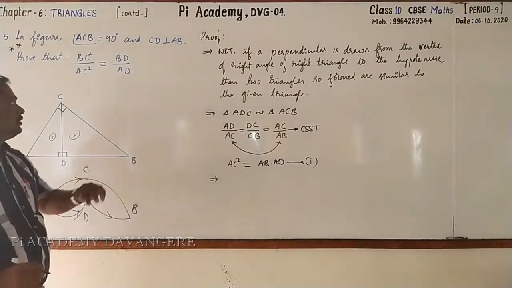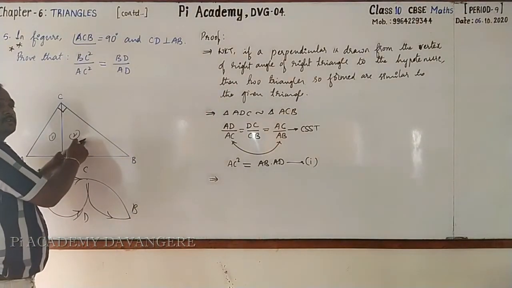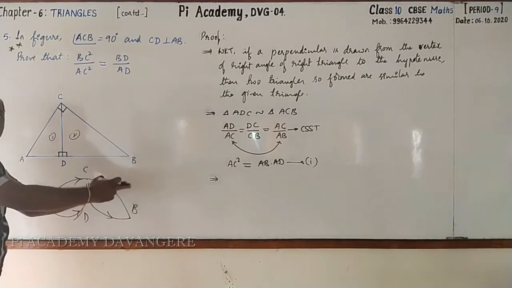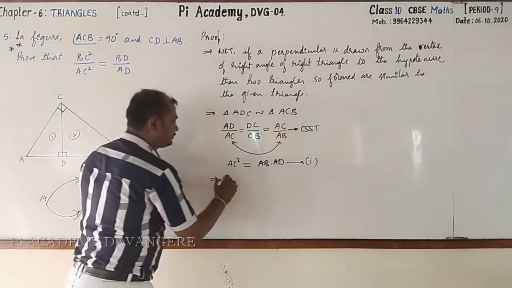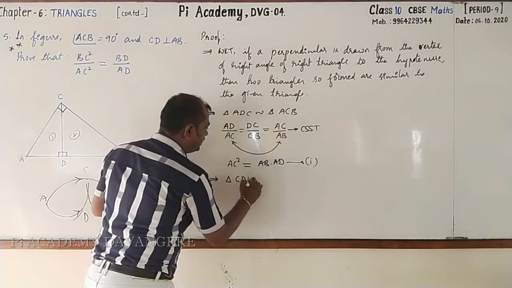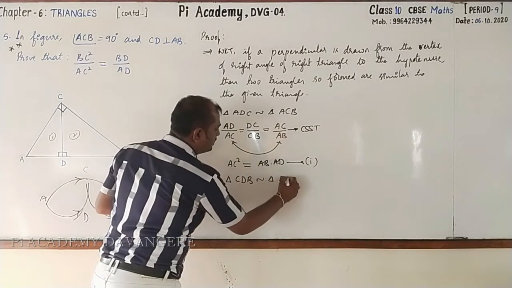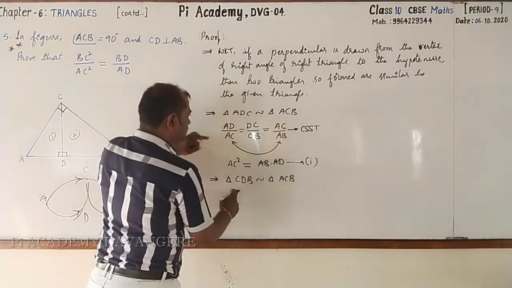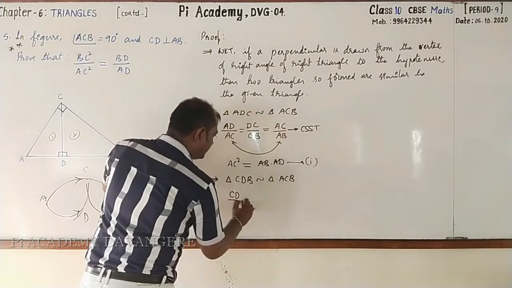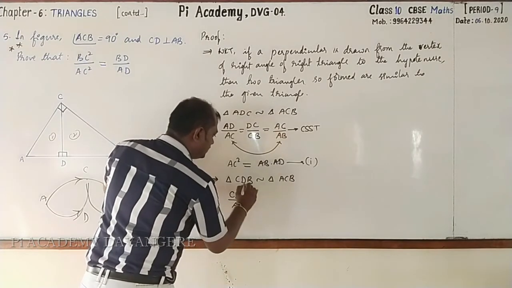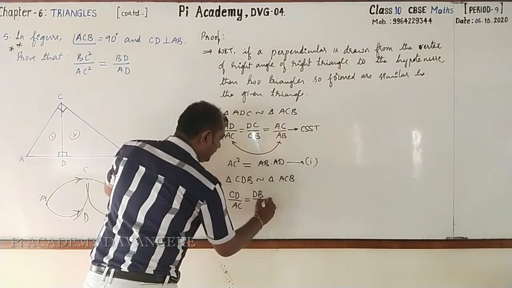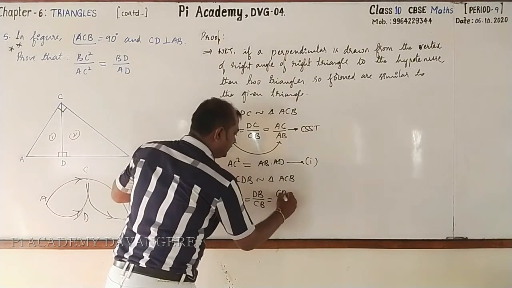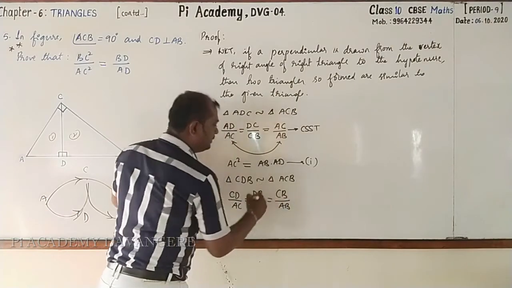Similarly, according to the given statement, the second triangle is also similar to the given triangle. Which is that second triangle? See that, CDB. Triangle CDB is similar to triangle ACB. Again, by using CSST, we can write CD by AC is equal to DB by CB is equal to CB by AB.